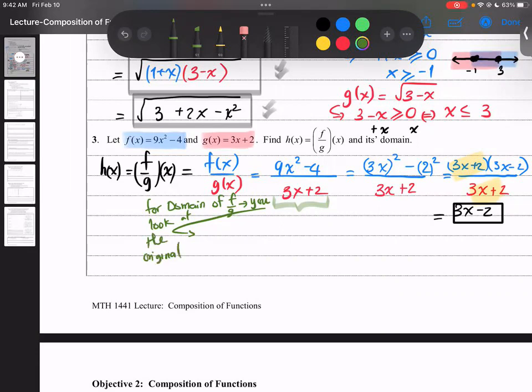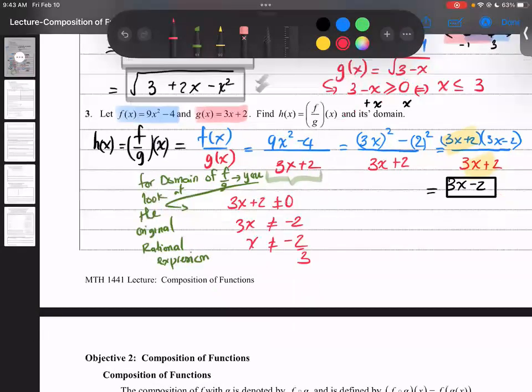I like to remind myself of things so I don't forget. So that means 3x plus 2 cannot be equal to 0. So 3x cannot be equal to -2, or x cannot be equal to -2/3.